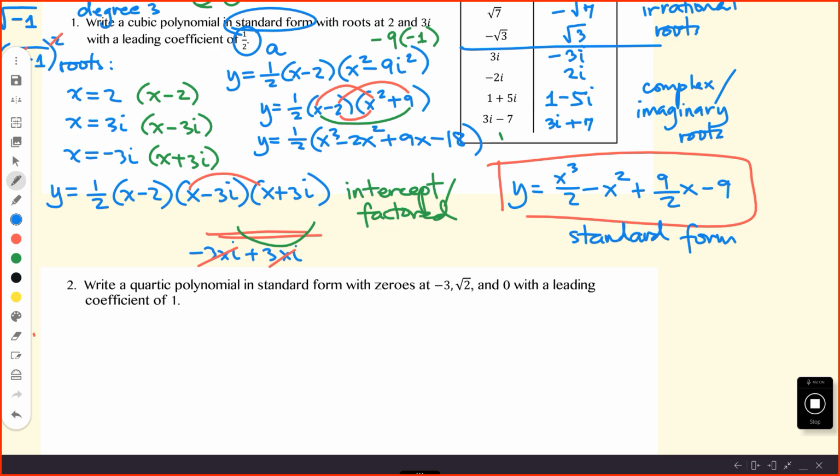Any question? Okay. So if we had another like -9i squared, if we had a different number, would we still multiply it by -1?